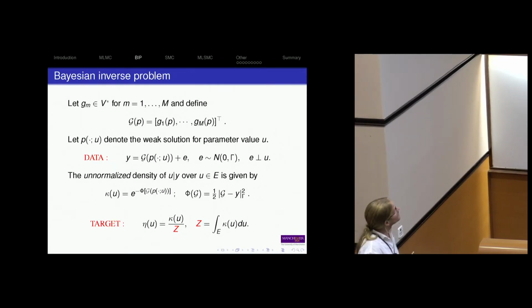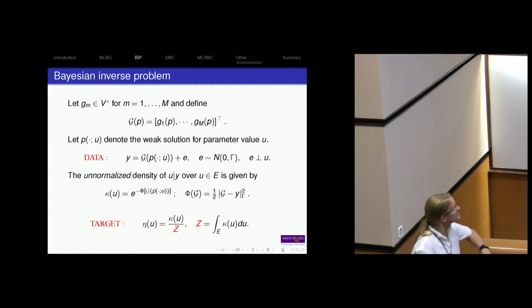Okay, so then the inverse problem is the following. We're going to assume that we have some functionals g, a capital M number of these, and we evaluate those at p, and then the observations are going to take this form. They'll just be the evaluation of the solution at these functionals, corrupted with some additive Gaussian noise.